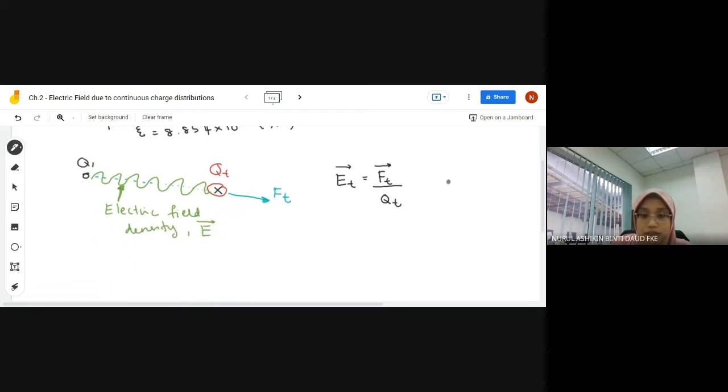The force we have learned before, from the formula from the previous class. So force is equal to, in this case, Q1 Qt over 4 pi epsilon naught r1t squared, in the direction of r hat, the distance from point charge 1 to point charge t, and this is over Qt.